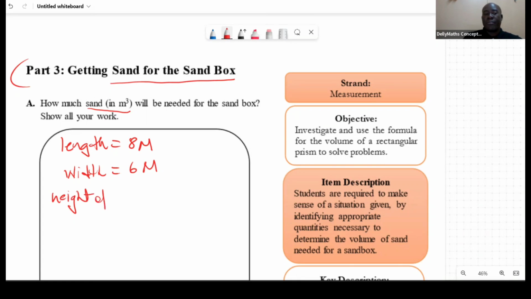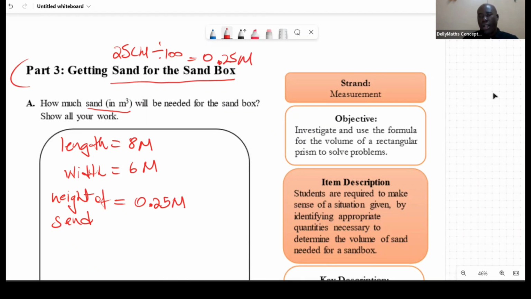So the height of sand, remember we were told that it was 25 centimeters, which is 0.25 meters. So from the beginning, the height of the sand itself was 25 centimeters. When you divide this by 100, you'd have gotten 0.25 meters. That's the height of the sand.